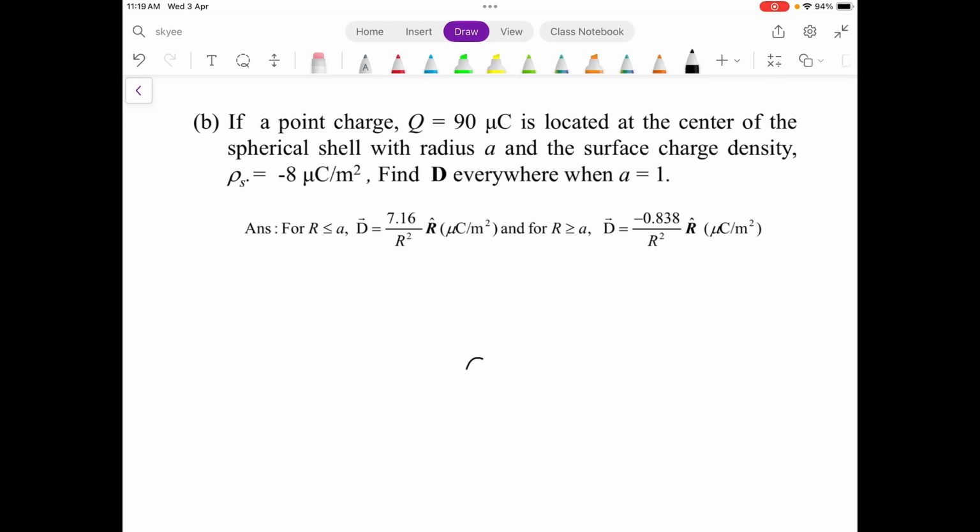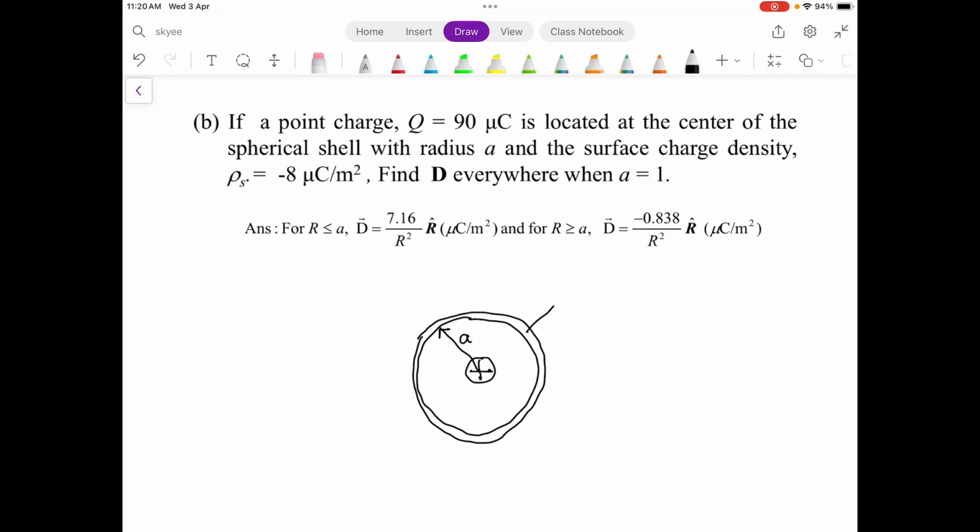You have a positive point charge located at the center of the spherical shell. This is your spherical shell, and it has a radius of A.